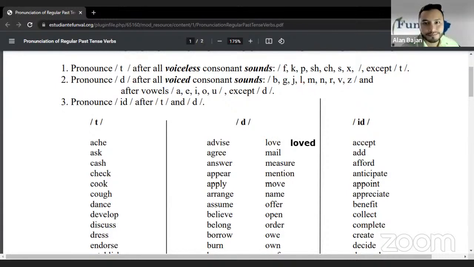Mailed. And again, I still write the ED rule, right? Todavía los escribo con ed, pero no los pronuncio con ed. It's mailed.